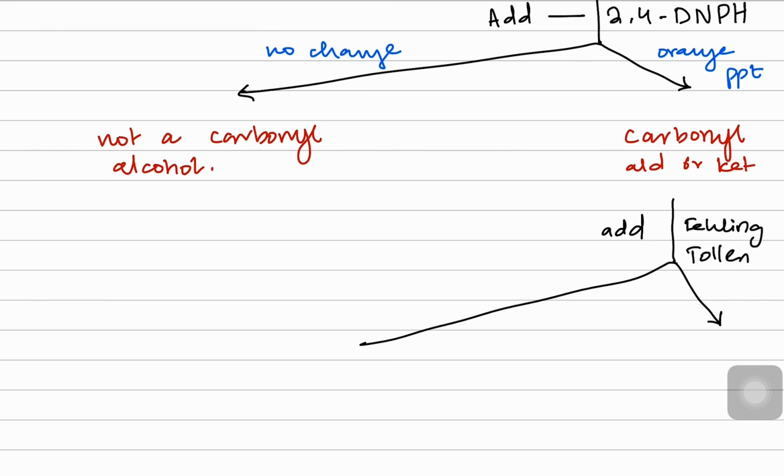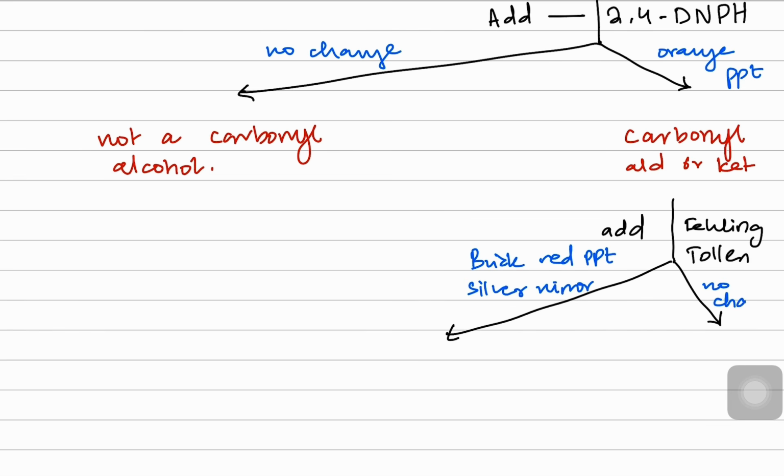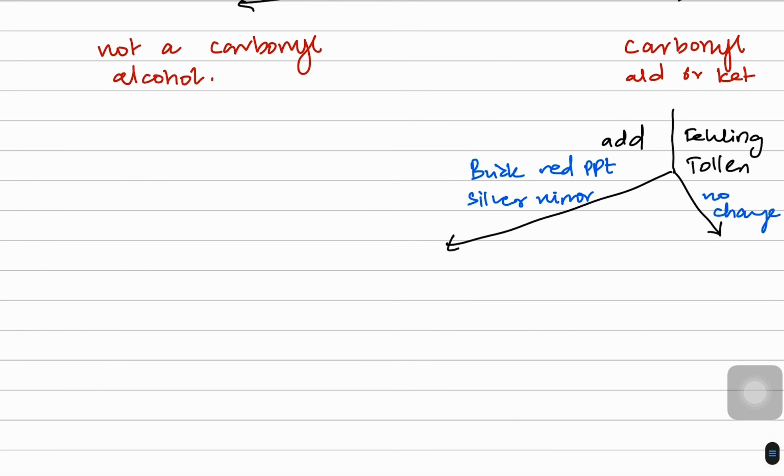Now, you could be getting brick red precipitate, or you could be getting a silver mirror, or you could get no change. If you get no change, then the compound is likely to be a ketone. And if you get brick red precipitates or silver mirror, it means it's an aldehyde.